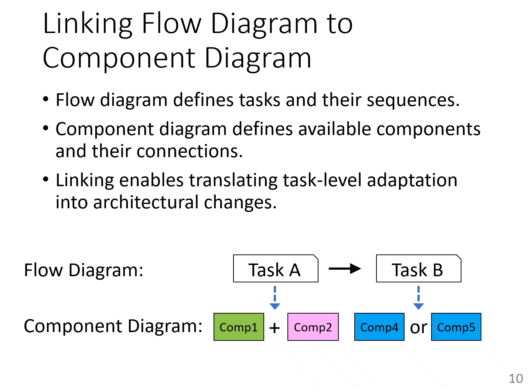For example, task A uses components 1 and 2, while task B can be implemented using method alpha or method beta. Method alpha uses component 4 and method beta uses component 5.